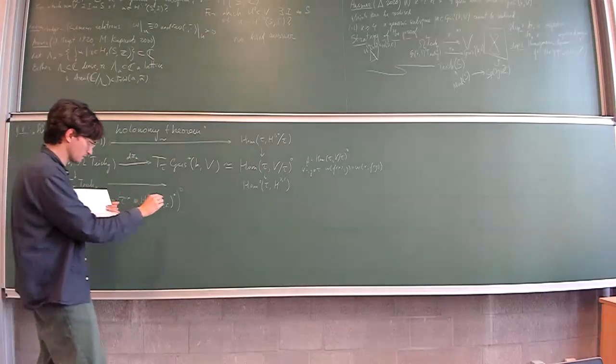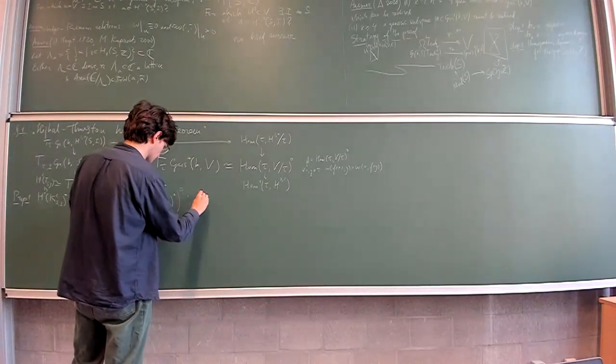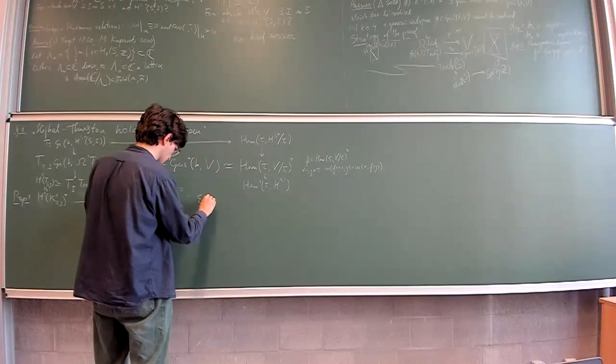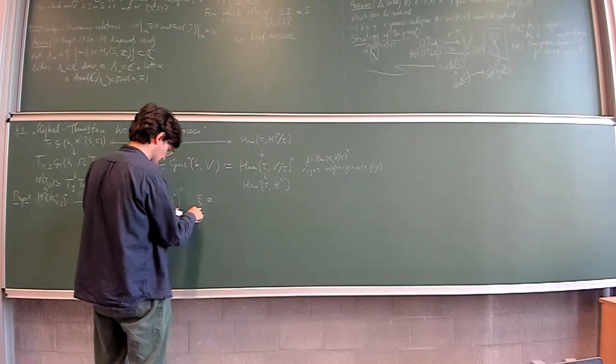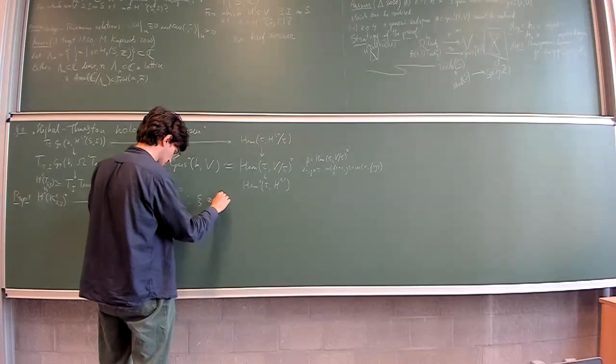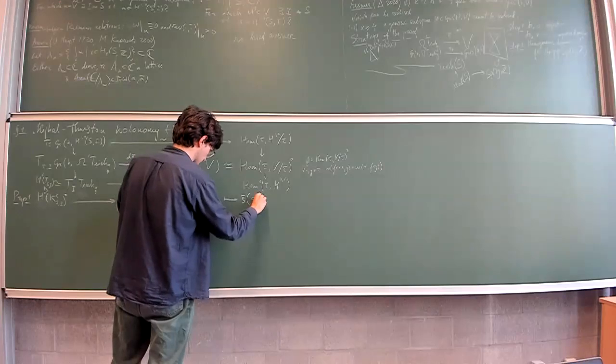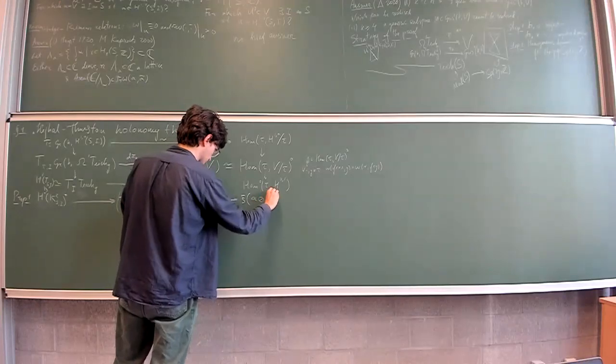So the claim is that this map is given by a very simple formula: psi times alpha goes to psi of alpha times something.